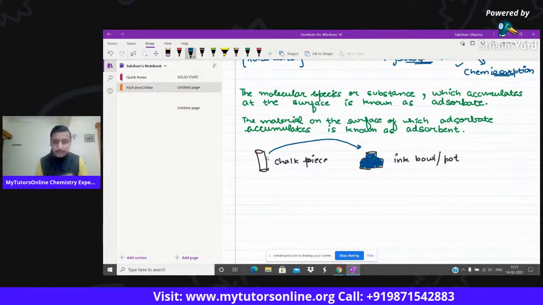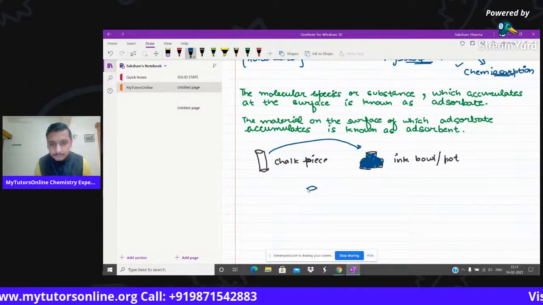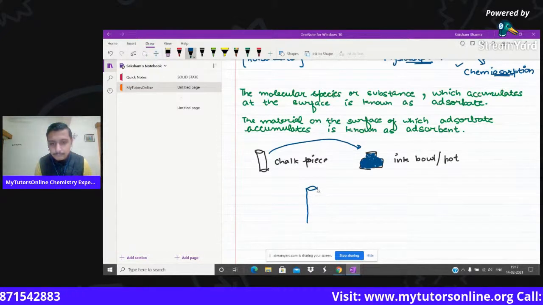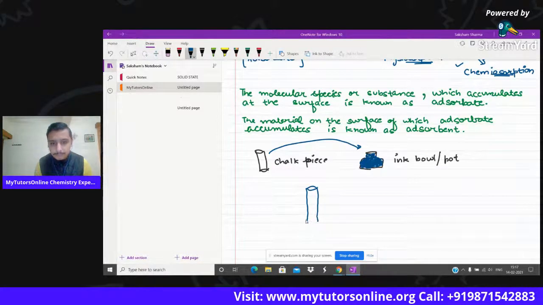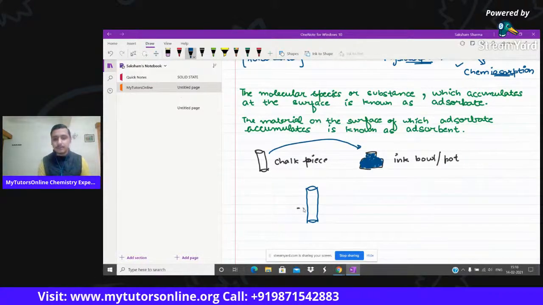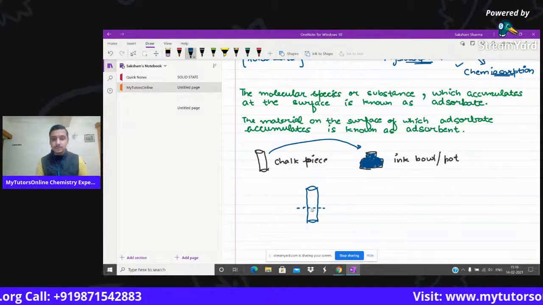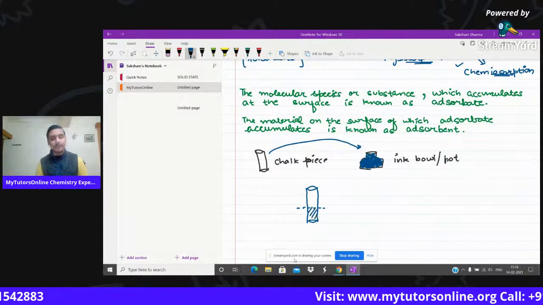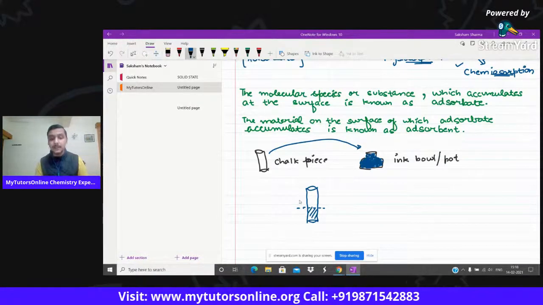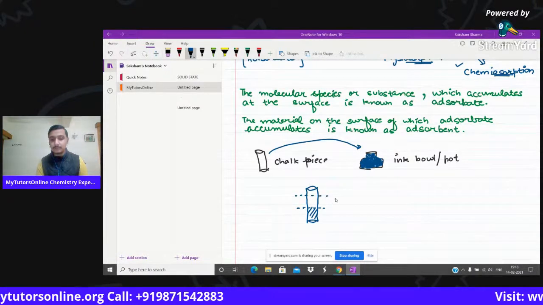What I mean to say is I'll try to draw over here. Suppose we dipped your chalk piece up to here. So this portion gets blue. But when you take it out, after some time, you will see that this portion has risen up to here.